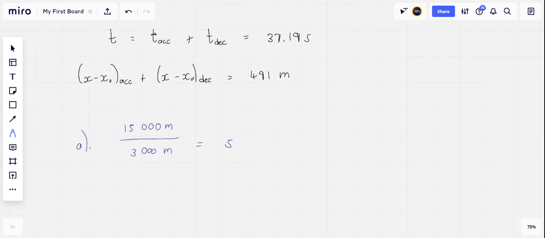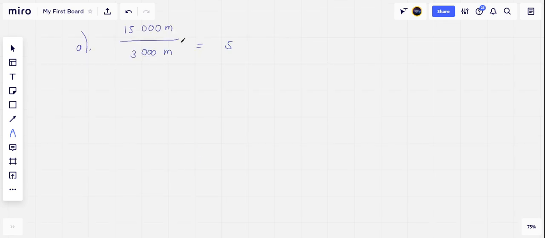Since 491 meters is traveled during acceleration and deceleration, we can take the distance of 3,000 meters minus 491 to get each segment traveled at an average speed of 26.39 meters per second.